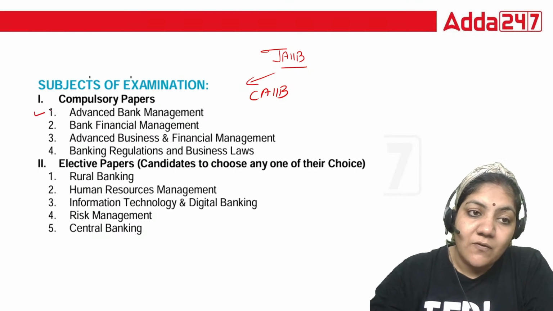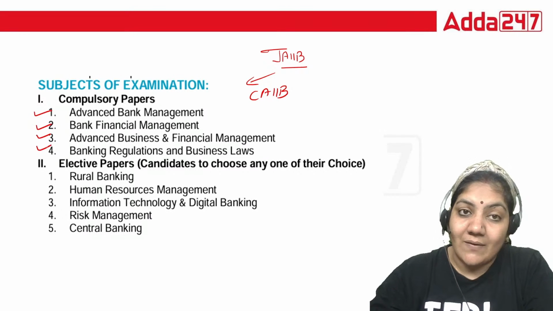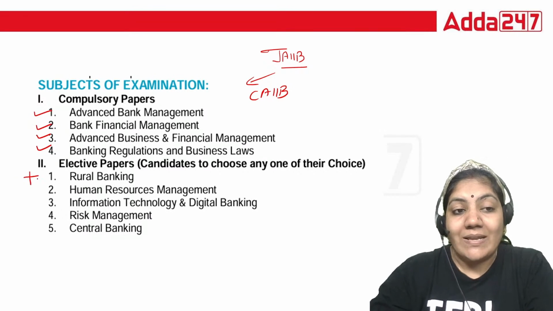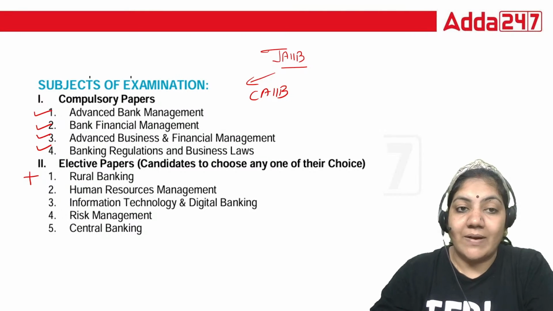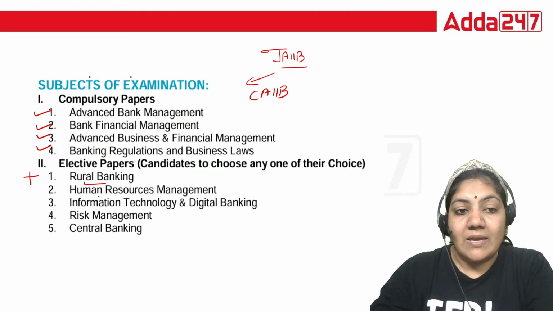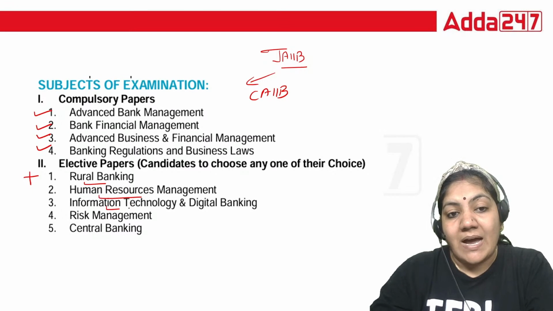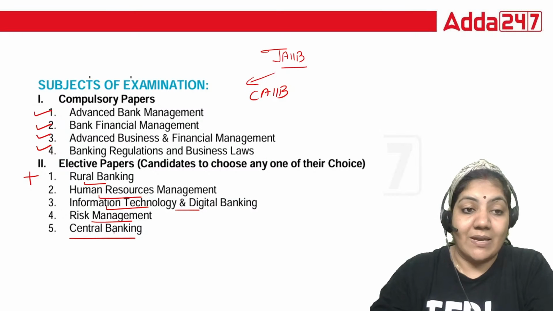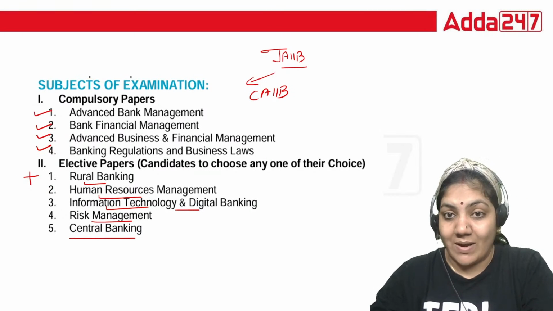These are the four compulsory subjects that you have to give, plus one elective subject. There are five options in the elective subject: rural banking, human resource management, IT and digital banking, risk management, and central banking. Out of these, you have to select one.